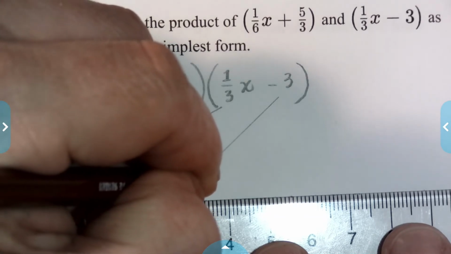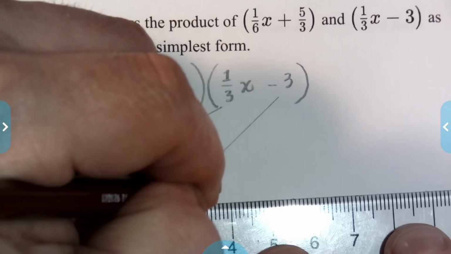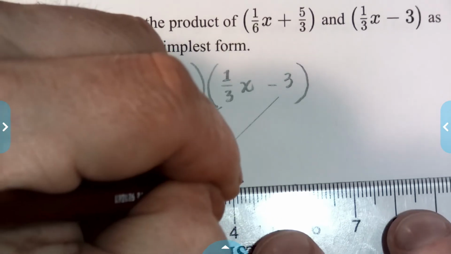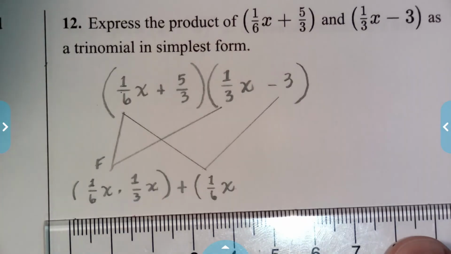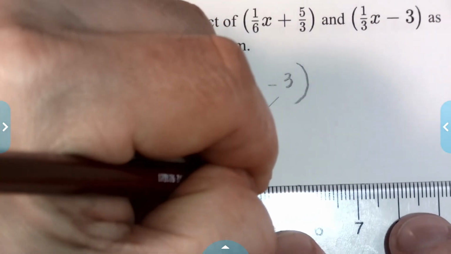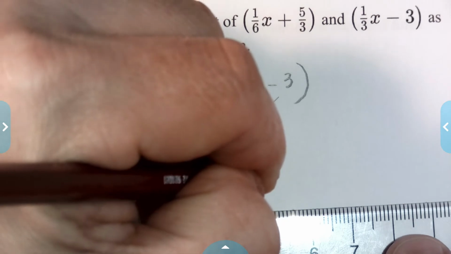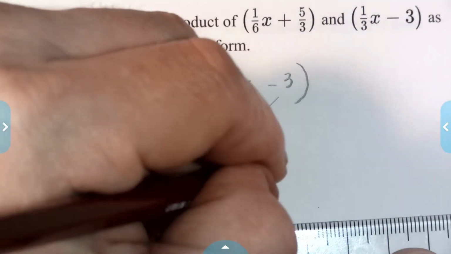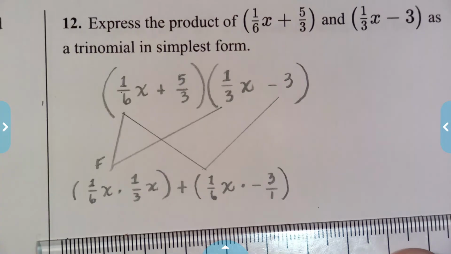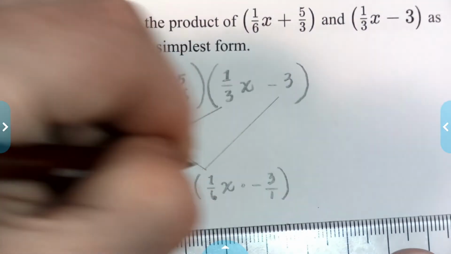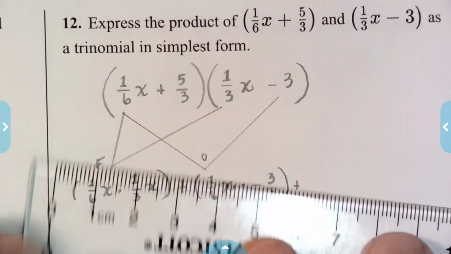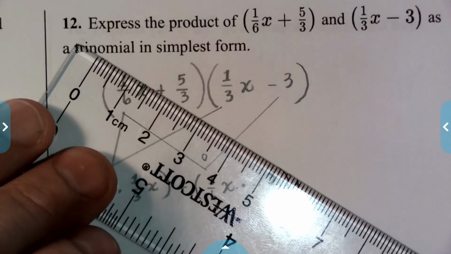Write 1 over 6x and then times -3. And here I am going to write -3 over 1 because we're multiplying fractions. And then that's outer. So next up is inner times inner.